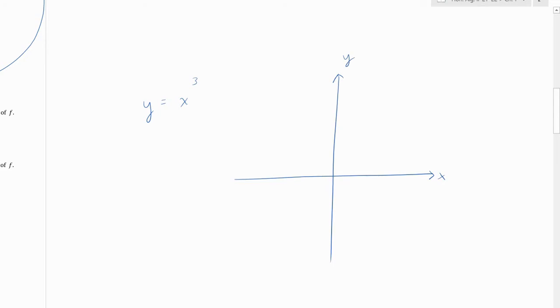So if I start plugging in numbers, if I plug in 0, 0 cubed, 1 cubed, 2 cubed, negative 1 cubed, negative 2 cubed, this will get me an idea. And I'll just think about whether that holds up.